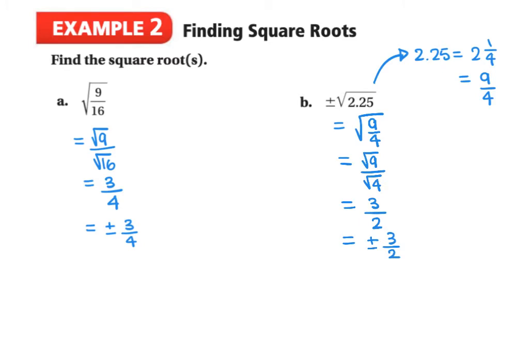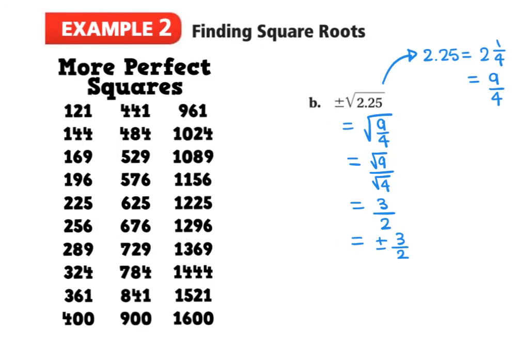So we could use this strategy with the fractions, but we could also, if we look at this list of perfect squares, notice that we have 225 on the list of perfect squares. And the square root of 225 is 15. So we could also use that to know that it's going to be 1.5 because 3 over 2 is equal to plus or minus the decimal of 1.5.